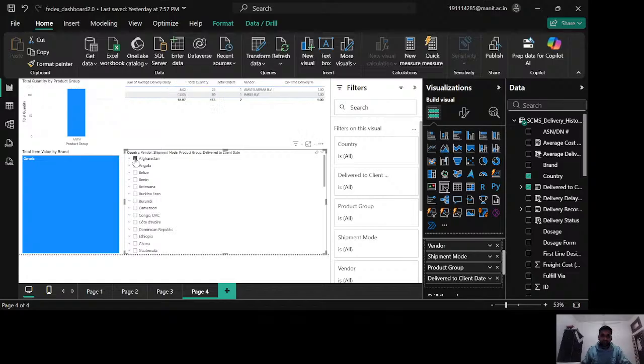And also we can see that for Afghanistan, we have ANTM as the only product group, with generic brand items required. The average delivery delay is 6.02 by Amstel Pharma PV and 12.05 by IMRES PV, and the total average delivery delay is minus 18.07 in Afghanistan.